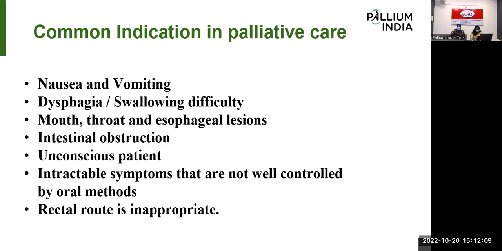In some situations in my career, if the patient has spurious diarrhea or loose stool, or any history of hemorrhoids, or if the patient is not willing to take the rectal route due to shyness or privacy issues, in such situations we can use only the injection form of medicine. We can give it subcutaneously. Excellent.